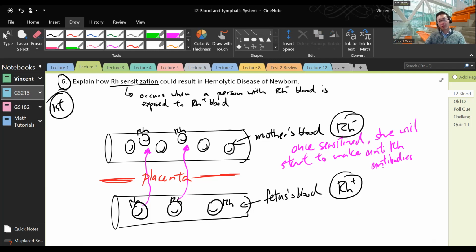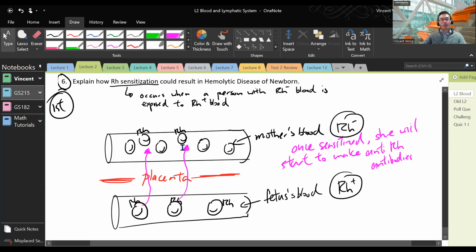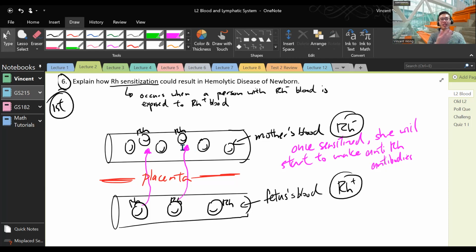If you're type A blood, you are pretty much born with anti-B antibodies. If you're type B blood, you're born with anti-A. But with Rh, you won't start to make the antibodies until after you've been exposed to Rh cells, just like you're not going to start making anti-chickenpox antibodies until after you've been exposed to chickenpox, right? So it works similarly in that way.